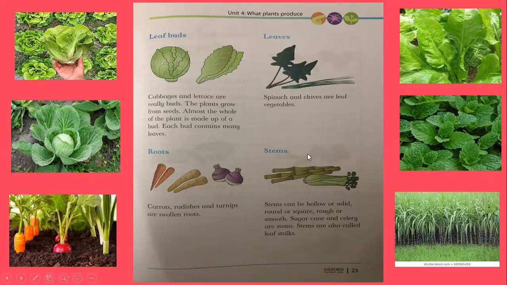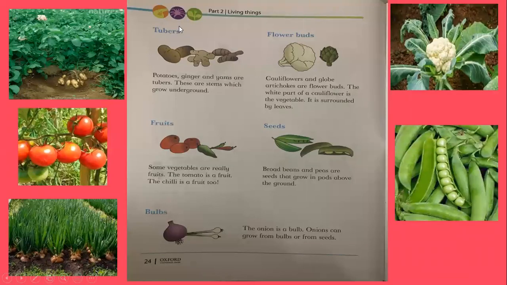Okay, what are the next parts? We have now tubers. What are tubers? Let's read. Potatoes, gingers, and yams are tubers. What are these? They are stems. Tubers are stems which grow underground. They are not roots, they are stems, but underground. They look like this. These are potatoes.